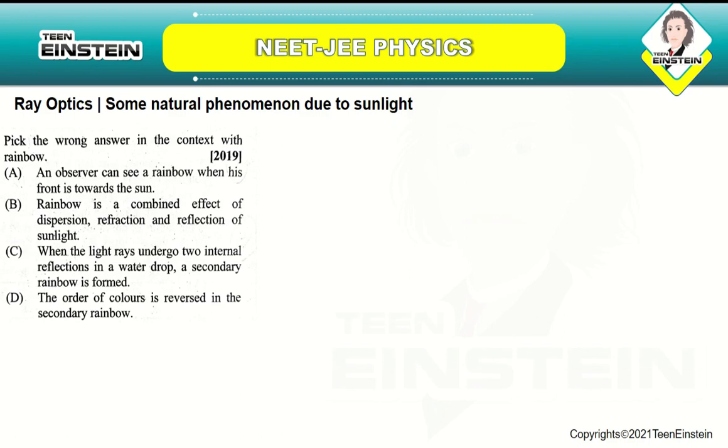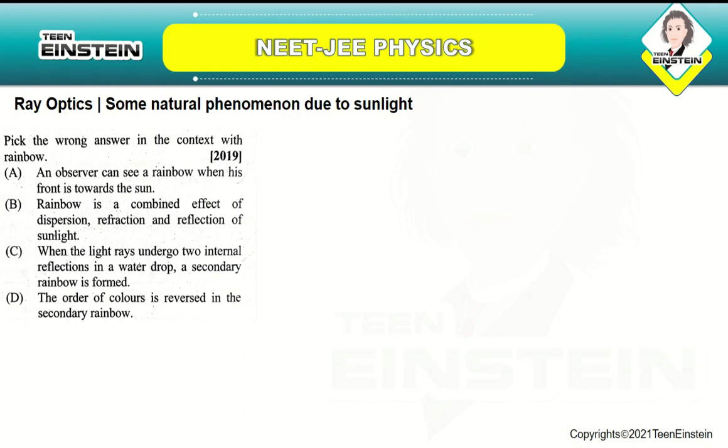The order of colors is reversed in the secondary rainbow. So here the correct answer is rainbow cannot be observed when an observer faces towards the sun. Okay. So the correct answer is option number A.